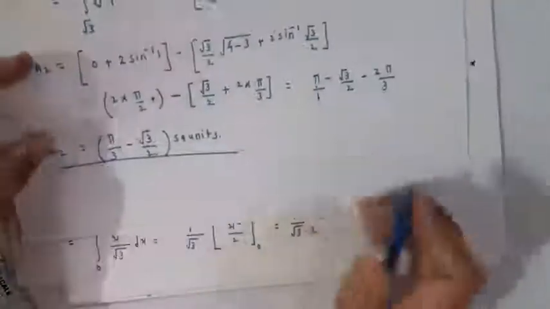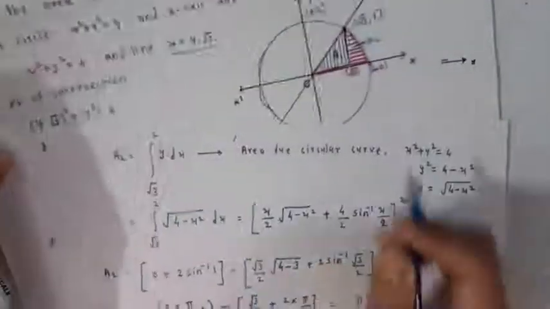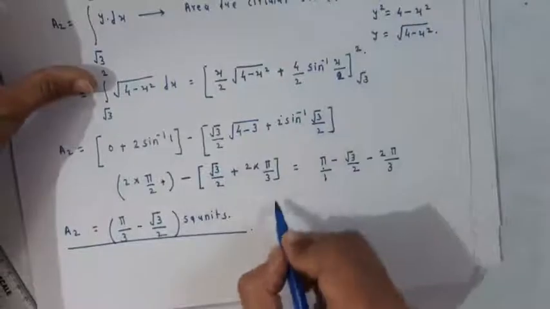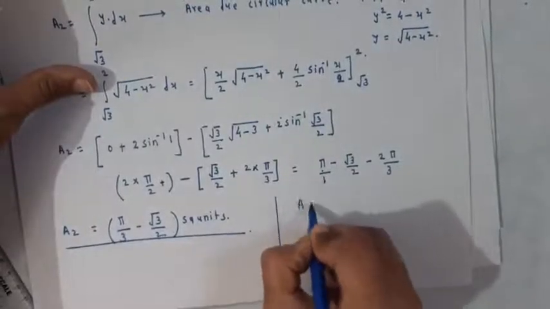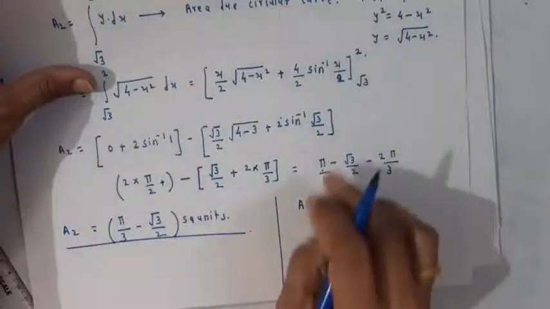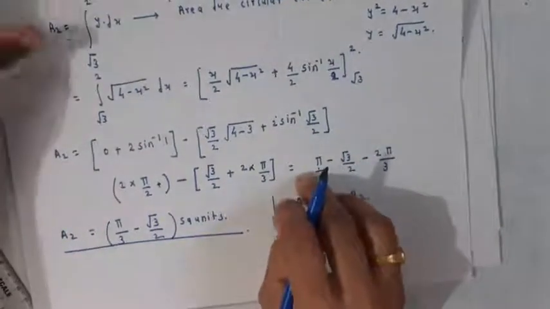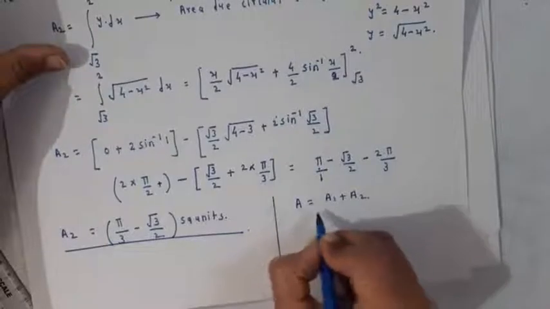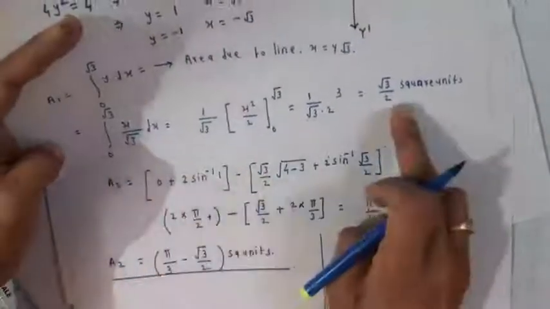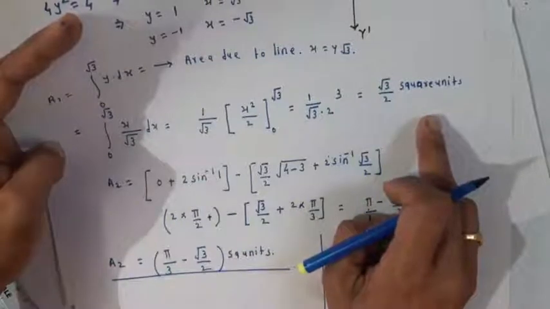And the total area A equal to A1 plus A2. So what is A1? Area A1 equal to root 3 by 2 square units.